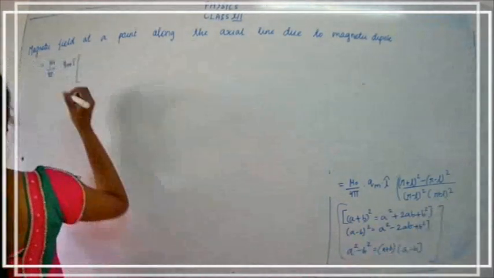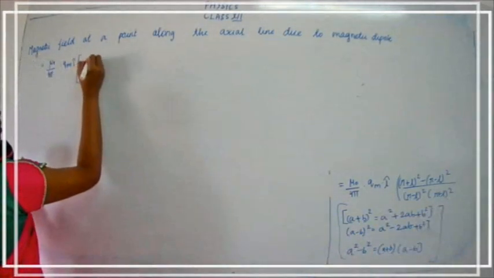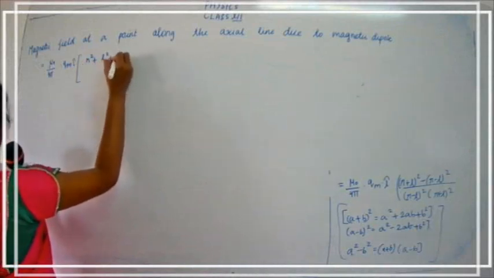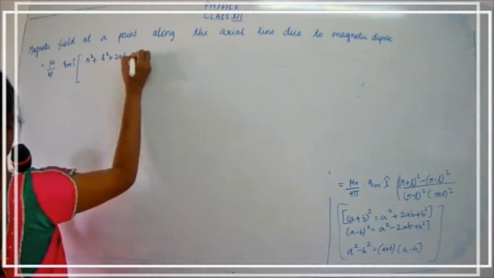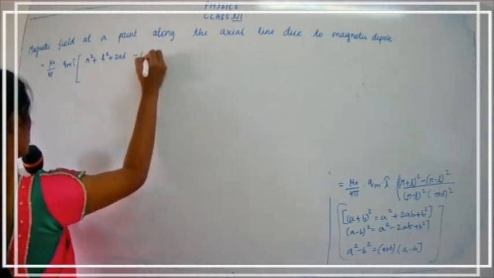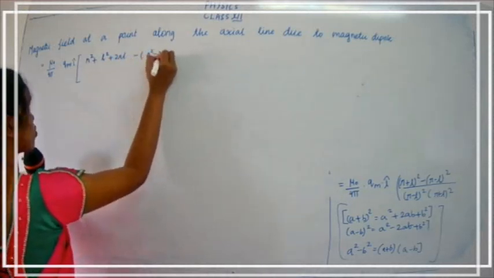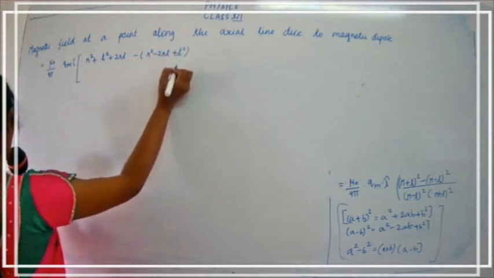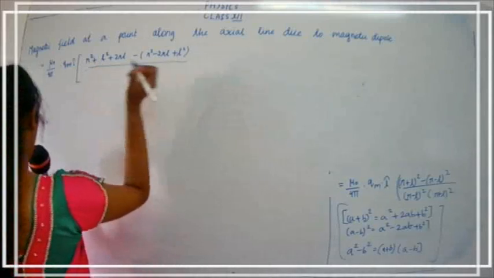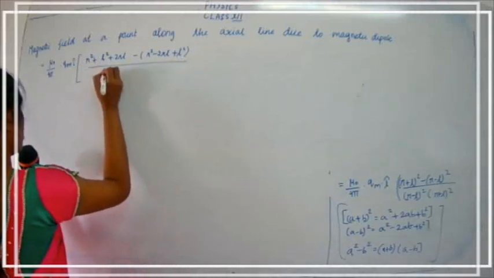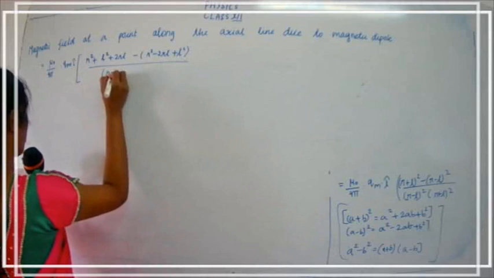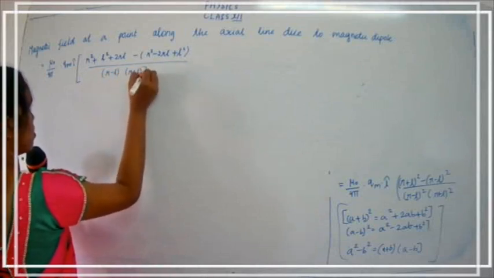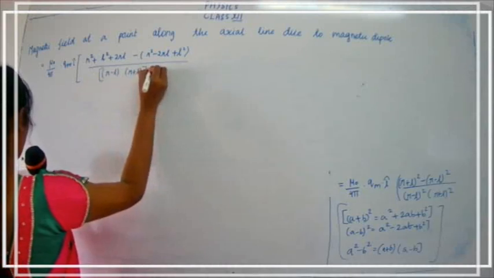See here, r square plus L square plus 2rL, minus of r square minus 2rL plus L square, divided by r minus L, r plus L the whole square.